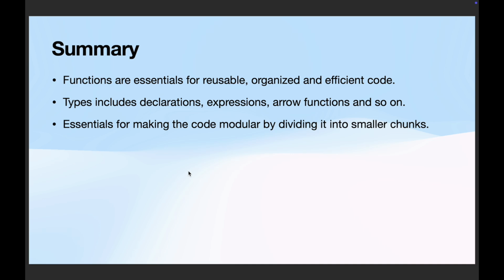Some things we need to consider while learning functions are function parameters, which are inputs to the functions, the return values, which are the output returned from the function, and the function arguments, which are the values that we pass to a function so that we can process it and expect something from the function. At last, functions are essential for making the code modular by dividing the bigger tasks into smaller chunks.